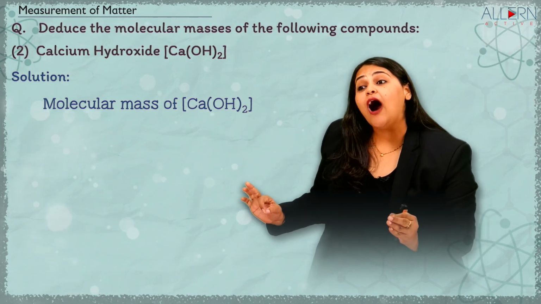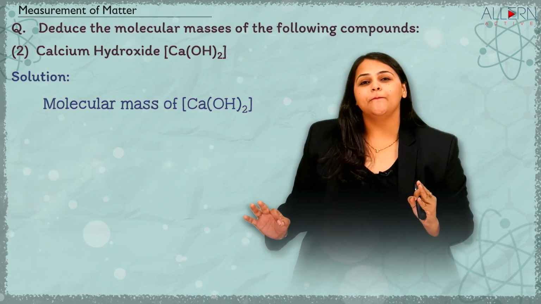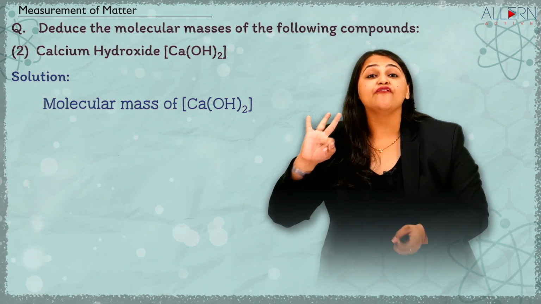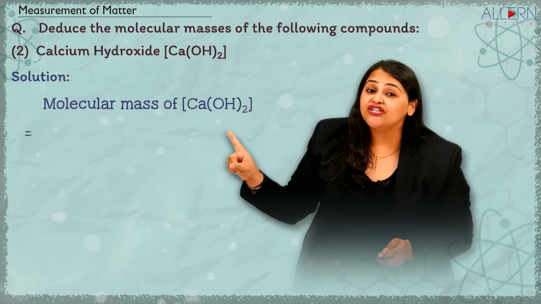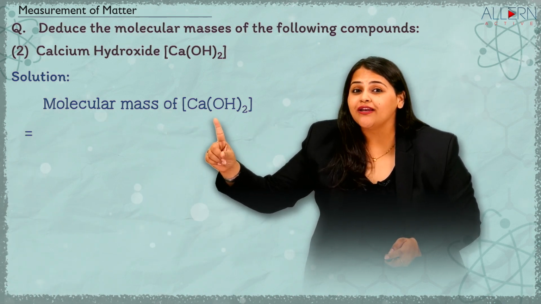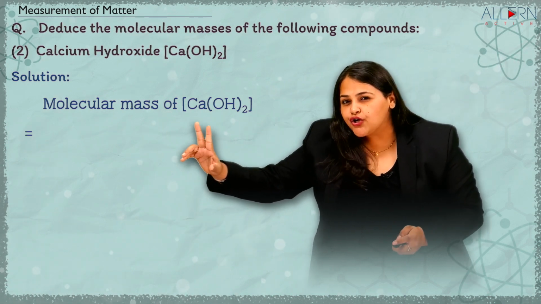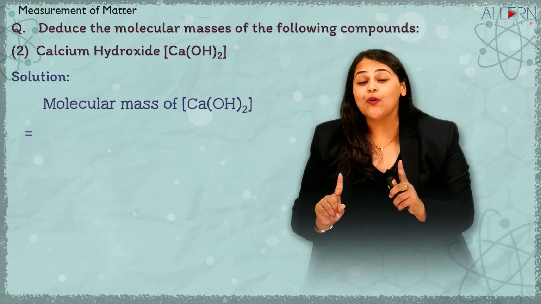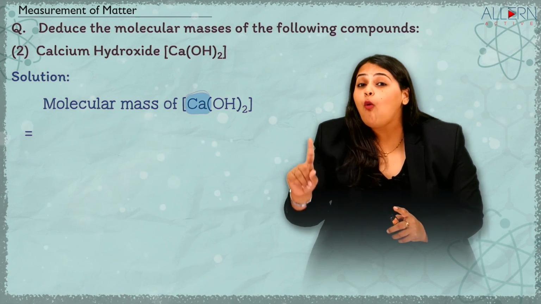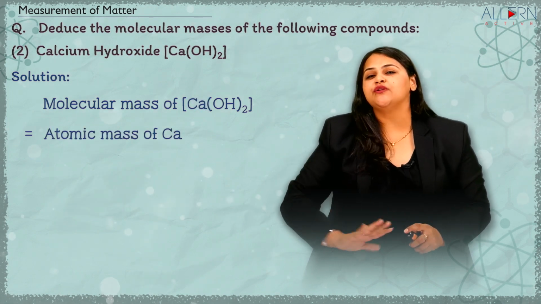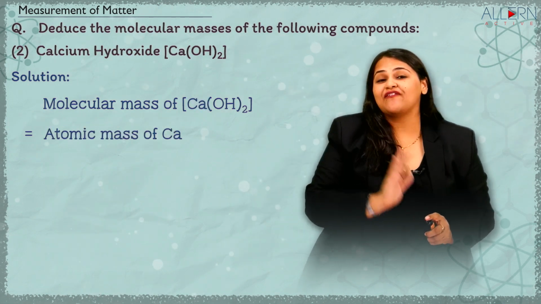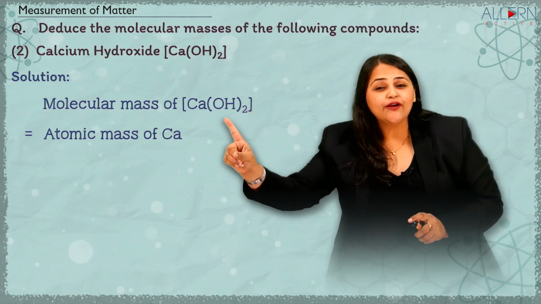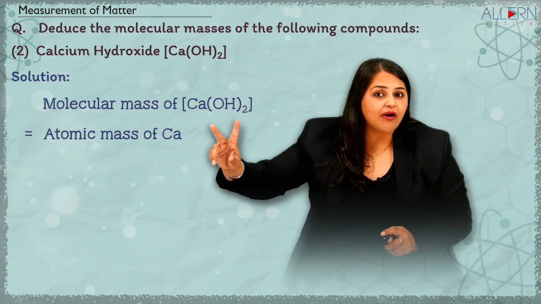So now just tell me, how many elements do you have over here? Yes, my dear child, you've got 3 elements: calcium, oxygen and hydrogen. Do you have any number besides calcium? Well, of course, no. So you have 1 atom of calcium. So that's atomic mass of calcium. When you look at oxygen, do you have a number?